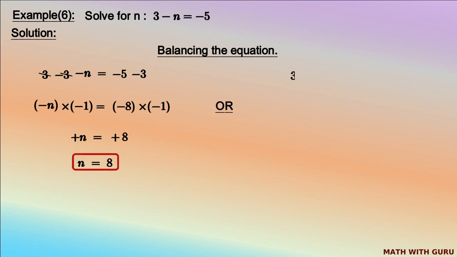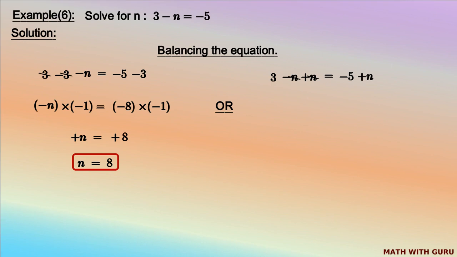Or you can solve the equation in this way also. 3 minus n equals minus 5. We get rid of minus n from the left hand side. To do that, we add n to both the sides. Minus n plus n get cancelled. Note that n has become positive, but it is on the right hand side.